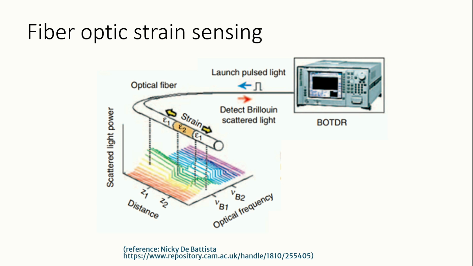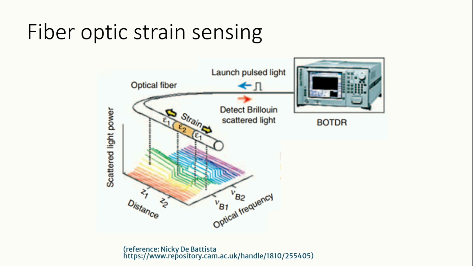For using fiber optics, there are different technologies. One of them uses an interrogator that launches a light pulse into the fiber optic cable, and we can use the light loss in that cable as a measure of different phenomena that are happening to the fiber. One of these phenomena is backscattering.